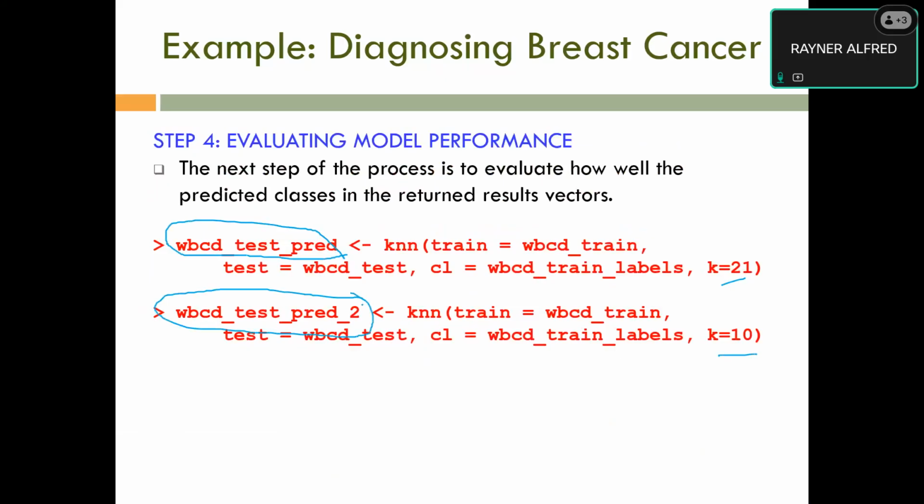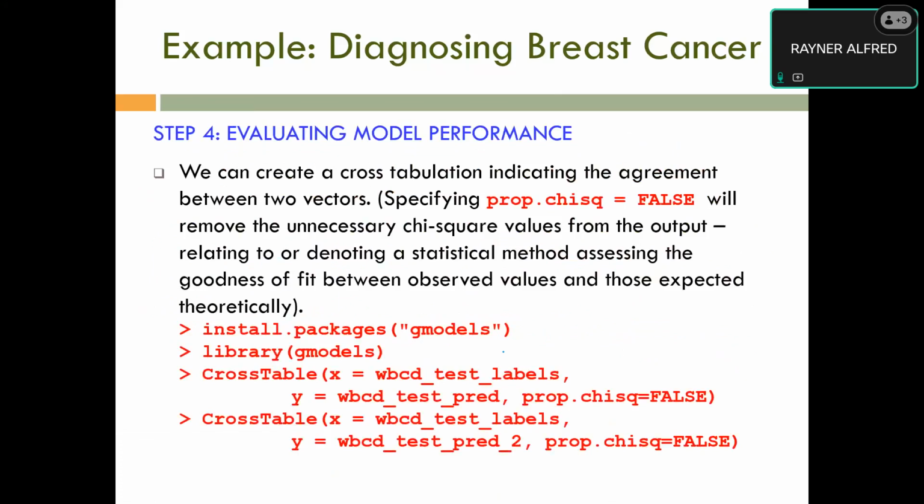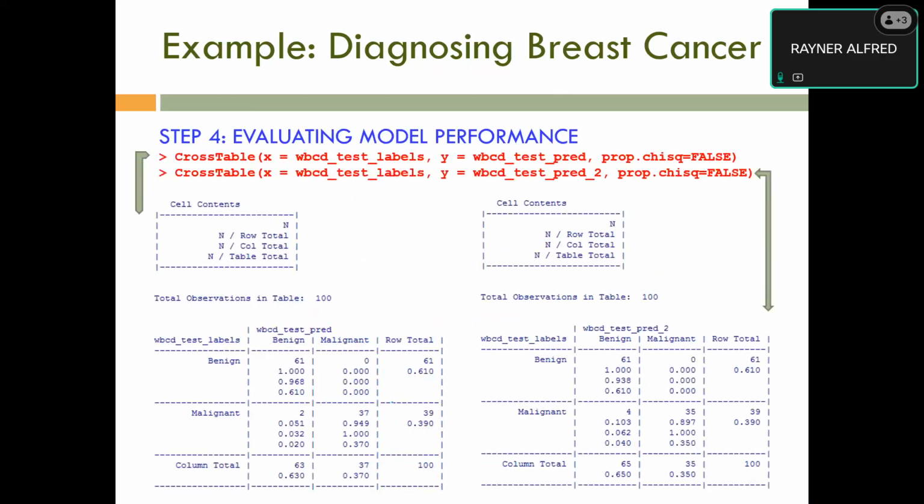So we want to look at what the accuracy is for these two. So this is just to plot the confusion matrix. So the first one is using the prediction of the first model, and the second one uses the prediction of the second model. Okay, and we look at this one.